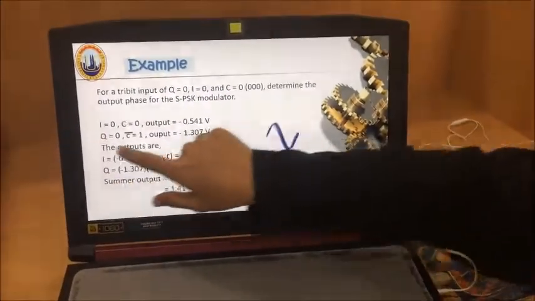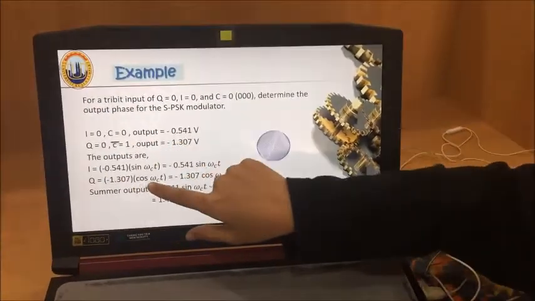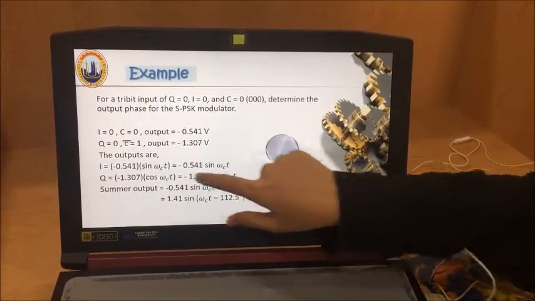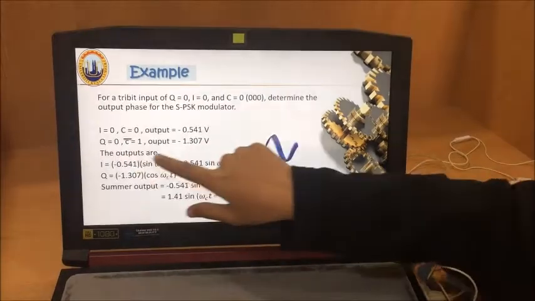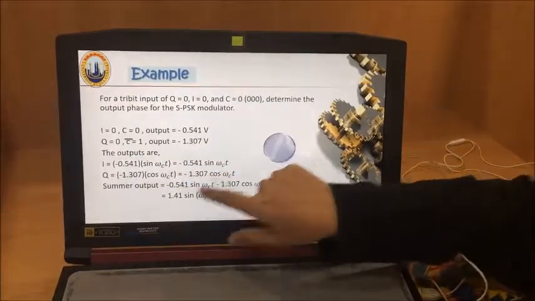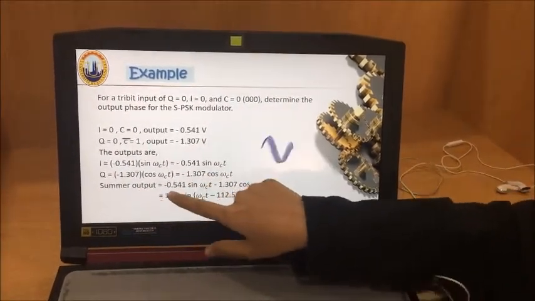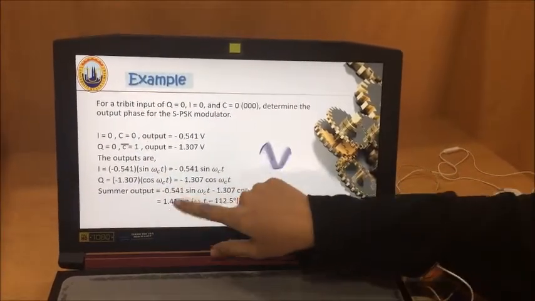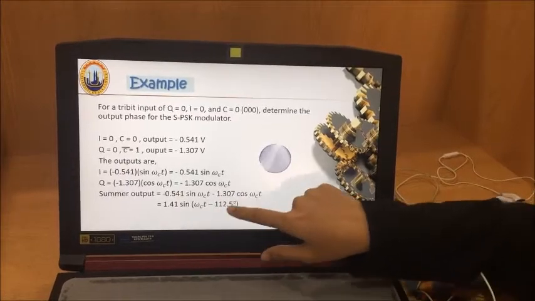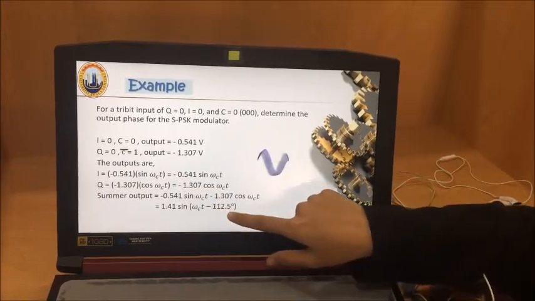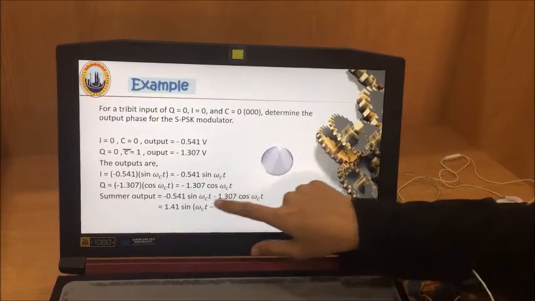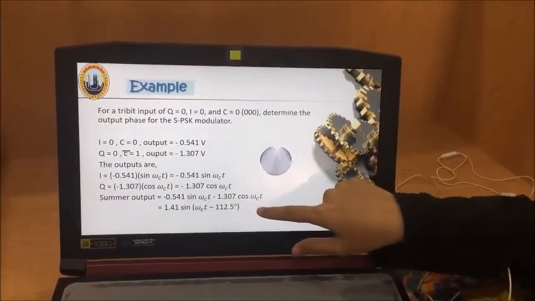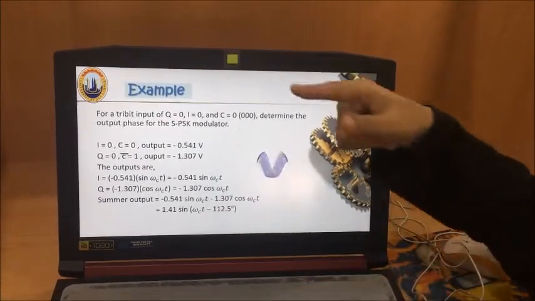From this formula we get the equation from the outputs, and we conclude that by summing the outputs from the solutions for I and Q, we get the phase of negative 112.5 degrees, and we can put this on the constellation in the next slide.